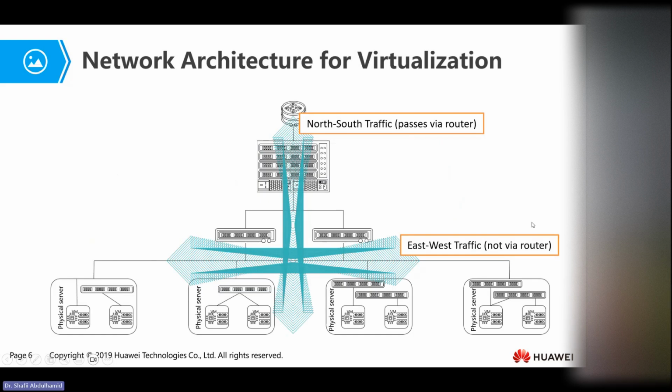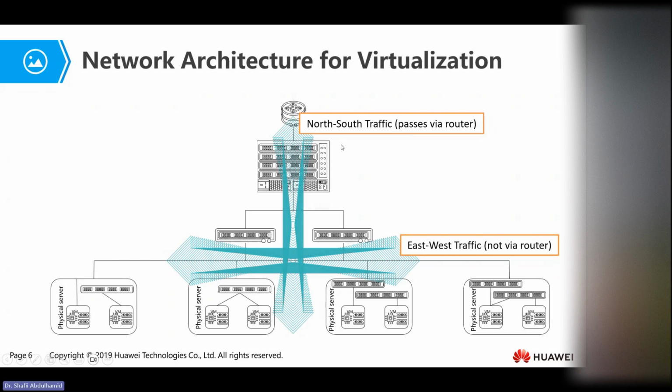So this is the network architecture for virtualization. This is a very good topology that explains almost everything that we need to know about a virtual environment, especially in the concept of cloud computing. So what do we have here? At the top here, we have the router, okay?